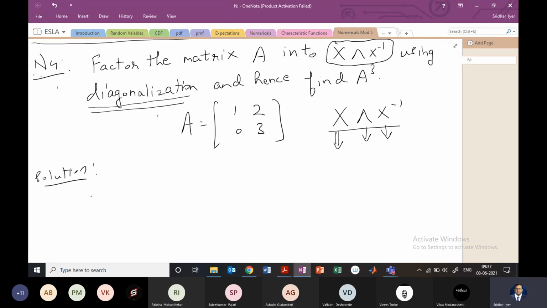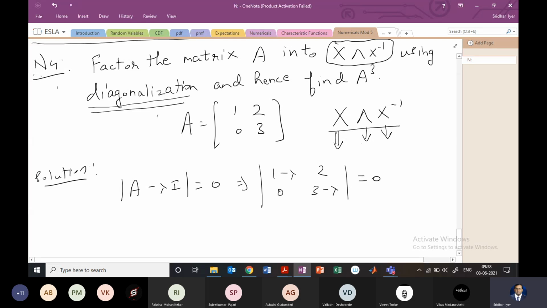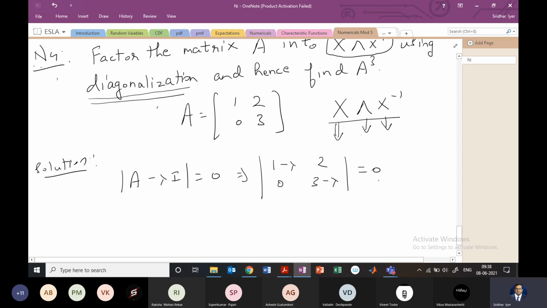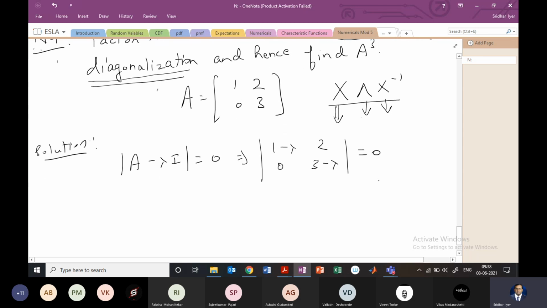For the diagonalization, we first need to find the eigenvalues, right? So we need to find determinant of A minus lambda I equal to 0, which will imply 1 minus lambda, 2, 0, 3 minus lambda equal to 0. So what eigenvalues do you get?